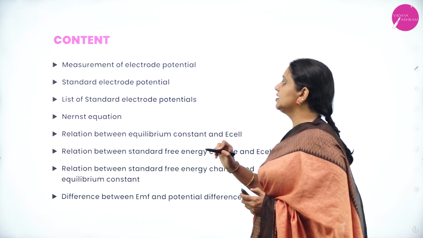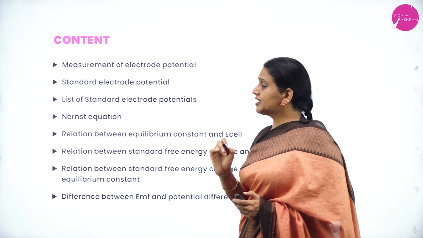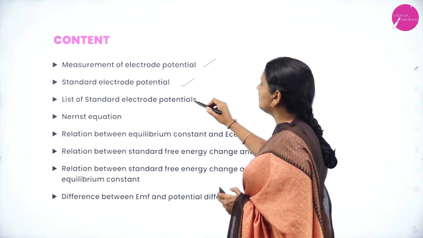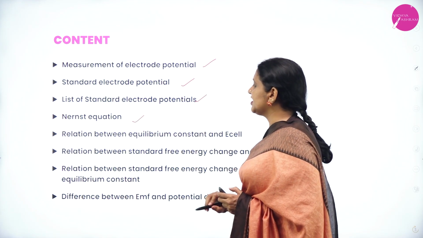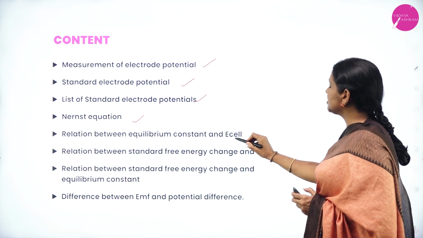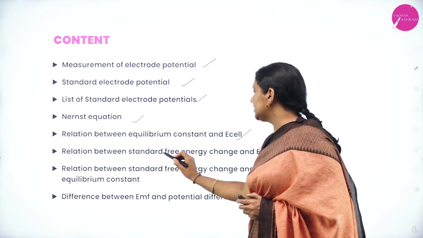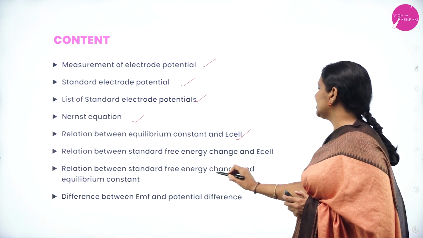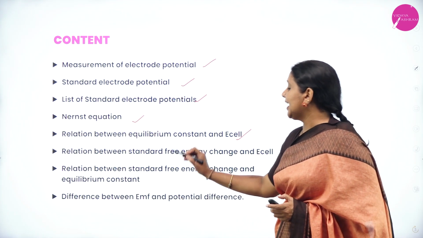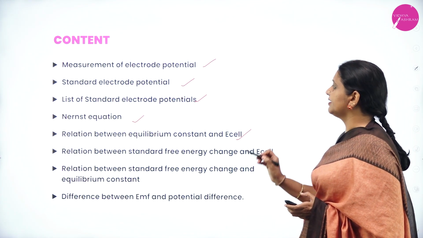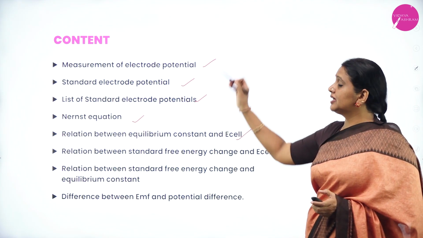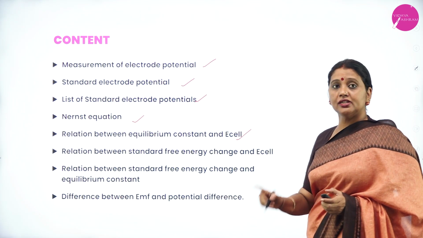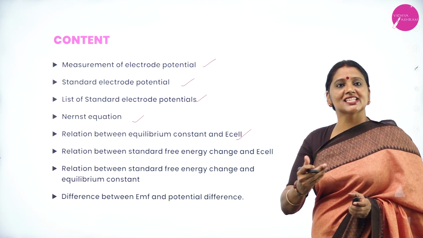In today's session, that is in the 6th session, I am going to discuss about measurement of electrode potential, standard electrode potential, list of standard electrode potential, Nernst equation, relationship between equilibrium constant and EMF of a cell, relationship between free energy change and EMF of a cell, relationship between standard free energy change and equilibrium constant, and difference between EMF and potential difference. The today 6th session content is as shown in the board. Okay, so these are the contents today I am going to discuss in the 6th session.